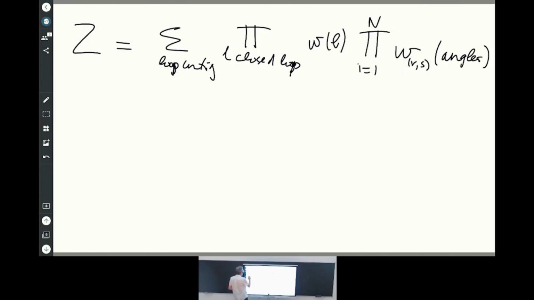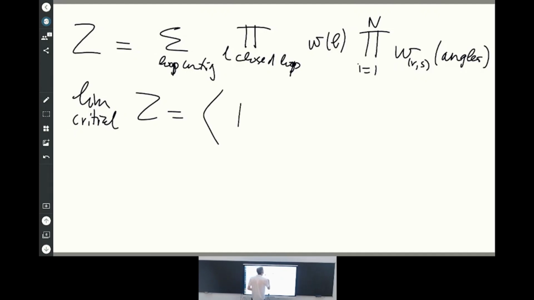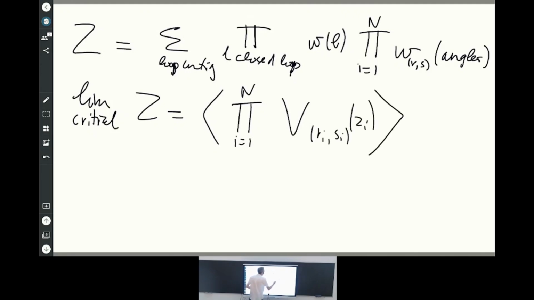And you expect then that in the critical limit, this corresponds to a correlation function, so a product of something like that in the CFT. So this should be single valued as a function of the positions. This should be crossing symmetric, of course. So you can try to compare it to the solutions of the Bootstrap.